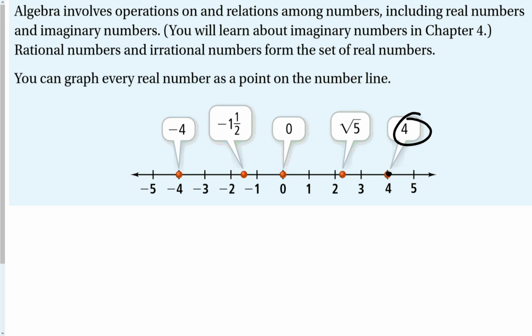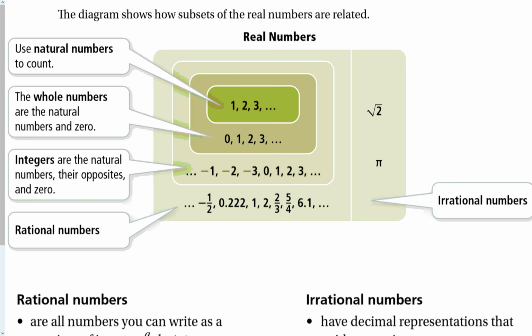But the point is that all these things are real numbers, so we can graph them on a real number line. Okay, so let's go through all the different subsets of the real numbers. These are all real numbers, and they are anything that could be graphed on a real number line.